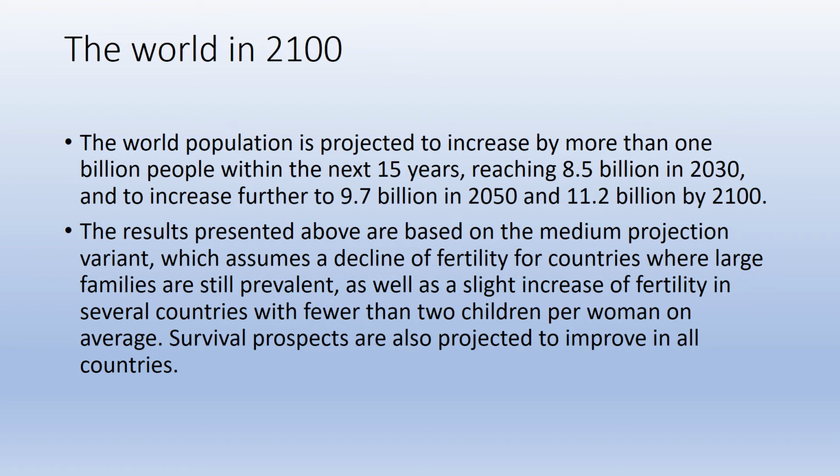So the results presented above are based on a medium projection variance, which assumes a decline in fertility in countries where large families are still prevalent. Prevalent means very common, as well as a slight increase of fertility in several countries, and one of them is going to be the European continent, with fewer than 2 children per woman on average.